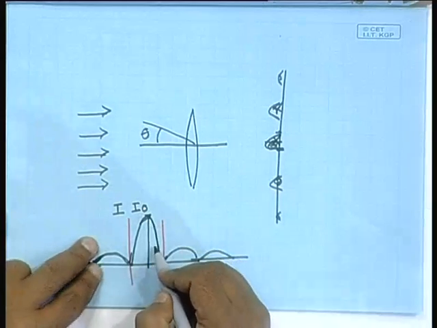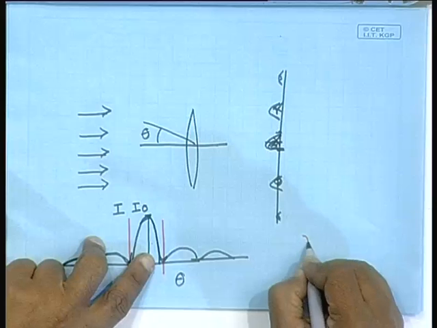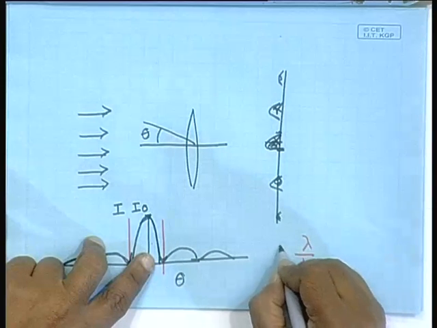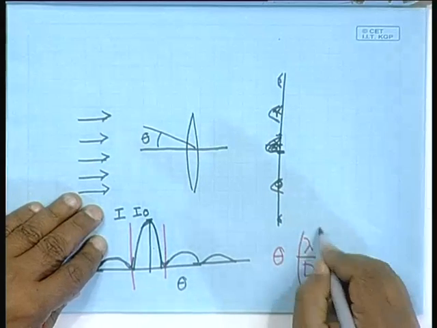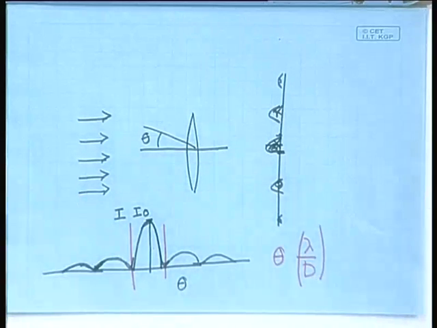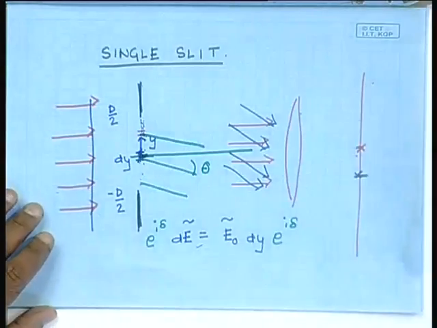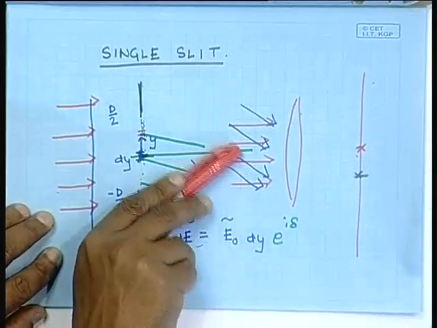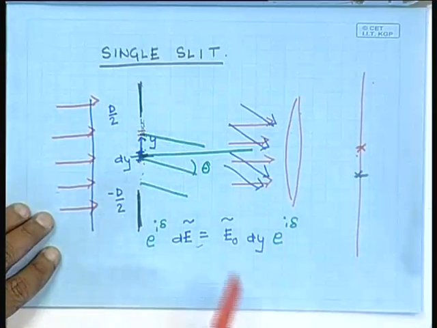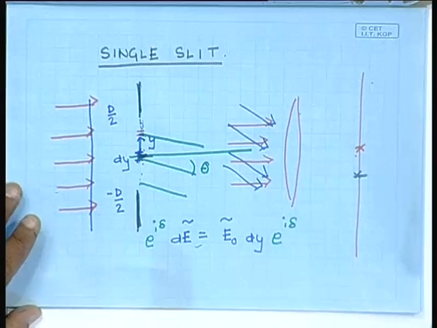The first 0 occurs at lambda by d, theta equal to lambda by d. So, this lambda by d, the wavelength compared to the dimension of the slit, gives you an idea of the spread in directions of the waves that come out. So, the waves that come out from this aperture are going to be spread over a range of directions, and the spread in angle is going to be of the order of lambda by d.